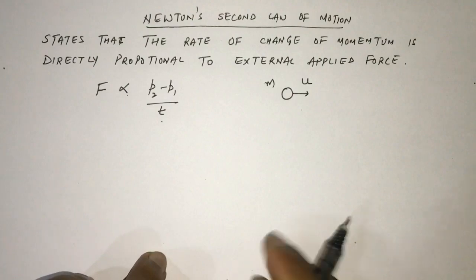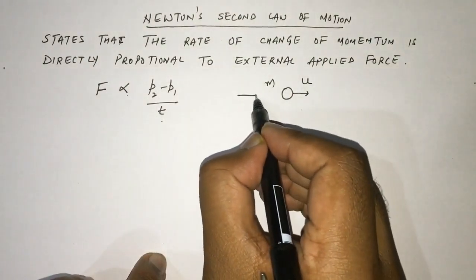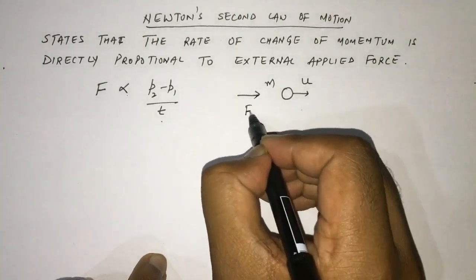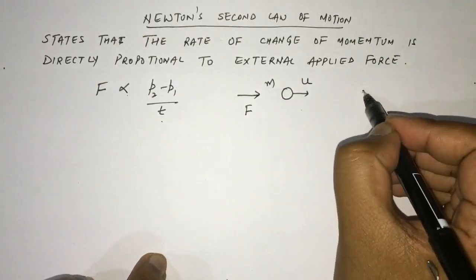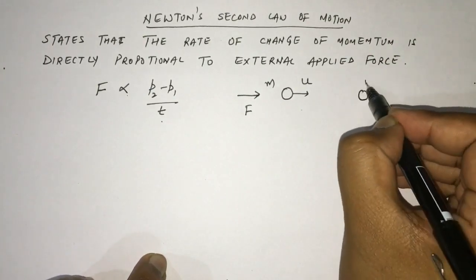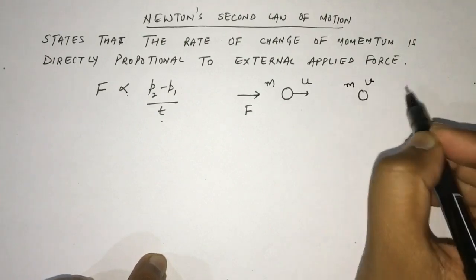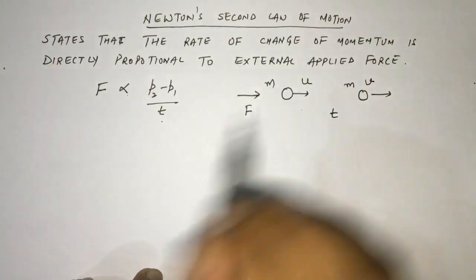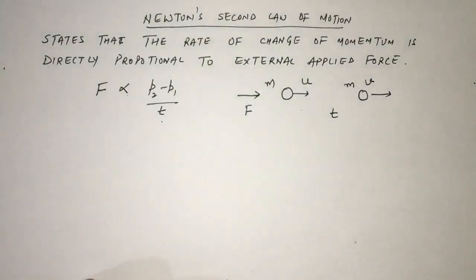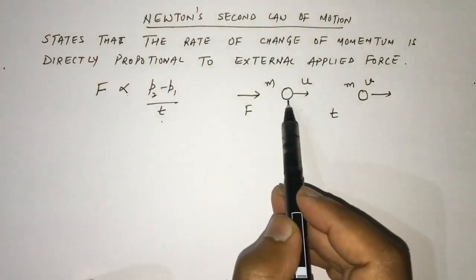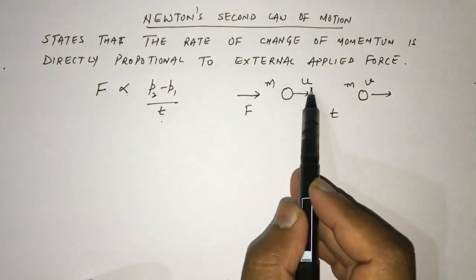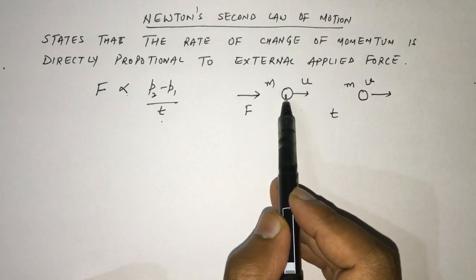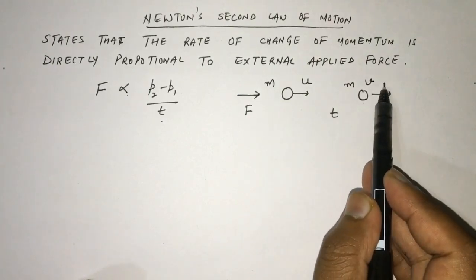Some force applies on this body, let F be the force. Now the velocity of the body becomes v after time t. I'm repeating again. Suppose a body which has mass m is moving initially with velocity u. Force is applied on this object and the final velocity becomes v.